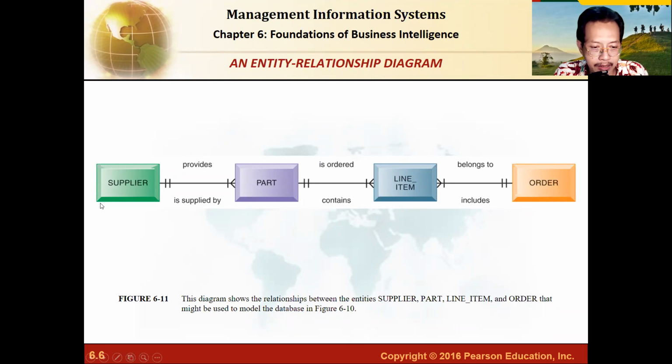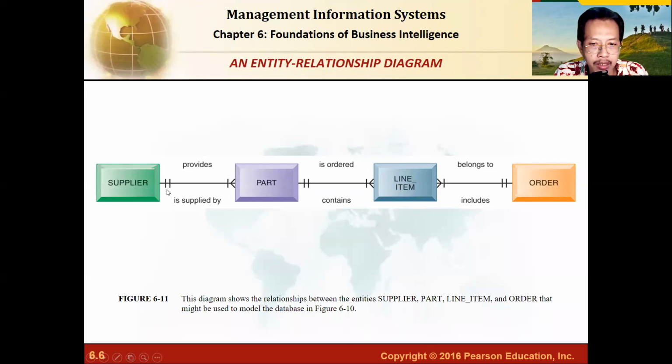In this case, let's see here, you have a supplier entity, you have a part entity, and these entities are connected with each other. And you can see here, these are the symbols that show the relationship between these entities.